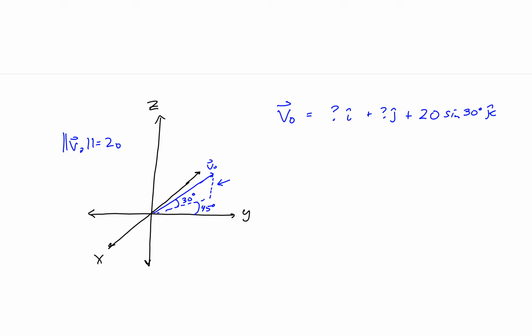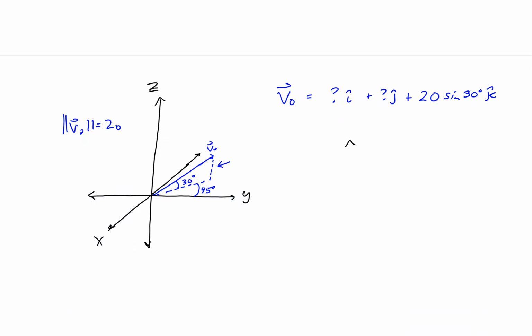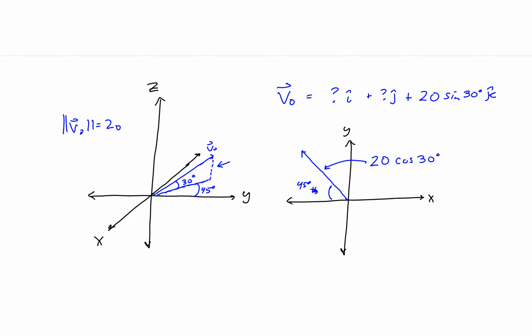And now for the other components, let's draw this in the xy plane. So in this case, if we project this down, it's going in this direction. And we know this angle here is 45 degrees. And this length here is the part that's sitting in the plane. So this is going to be 20 cosine of 30 degrees.